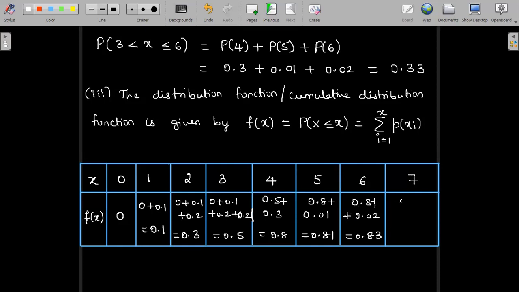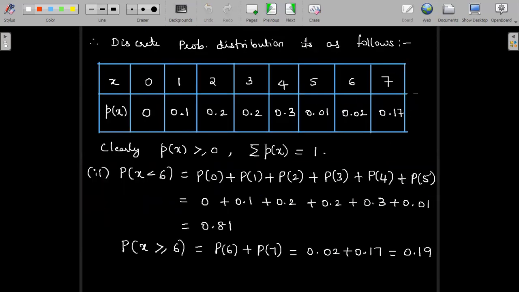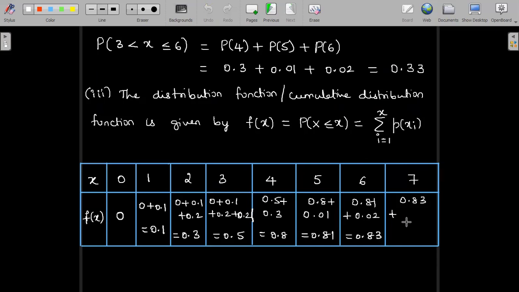And again, the previous value is 0.83 plus the probability of x equal to 7 from the previous table, which is 0.17. So we are adding up these two, which gives us 1. The last value always has to be 1 itself, because we know that probability can at most be equal to 1. So the sum of all these probabilities is now equal to 1. That is what we are showing here. So this is how we find the cumulative distribution function.